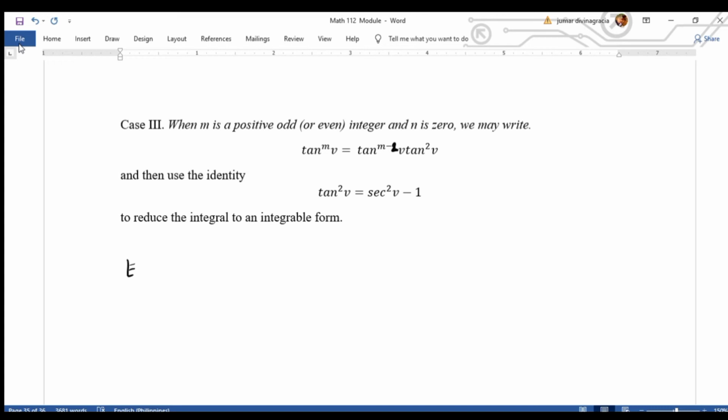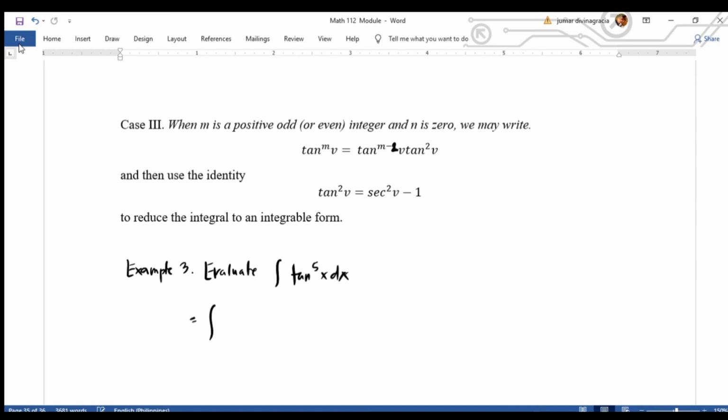So let's have example number 3. We have to evaluate the integral of tangent to the fifth of x dx.